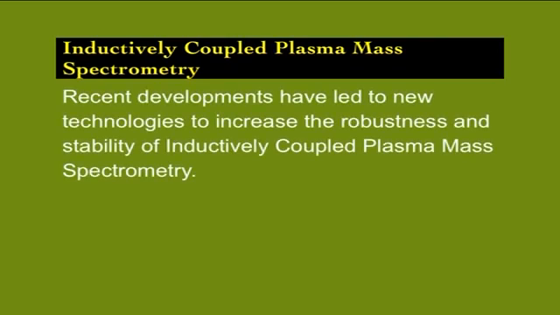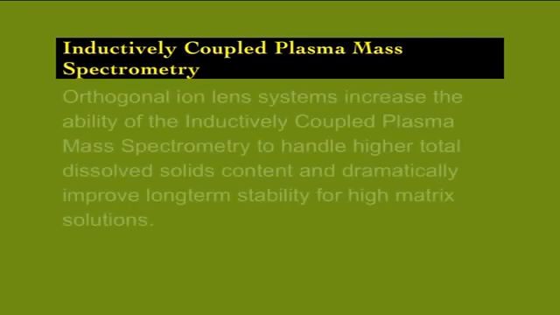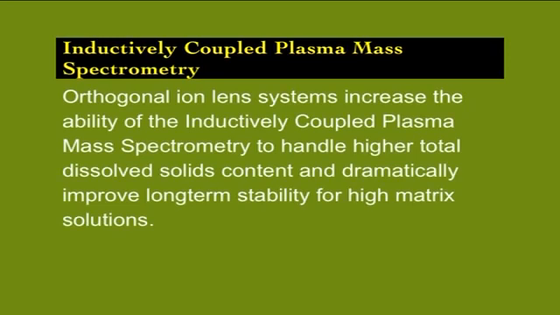Recent developments have led to new technologies to increase the robustness and stability of inductively coupled plasma mass spectrometry. Orthogonal ion lens systems increase the ability of the inductively coupled plasma mass spectrometry to handle higher total dissolved solid contents and dramatically improve long-term stability for high matrix solution.